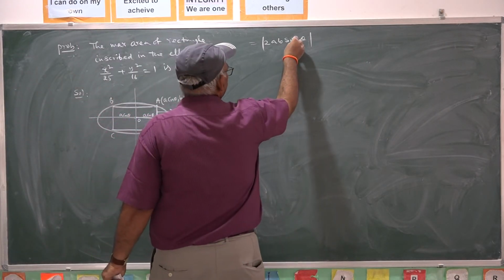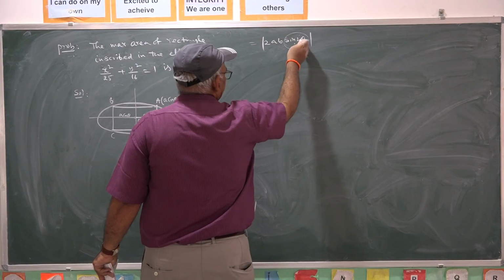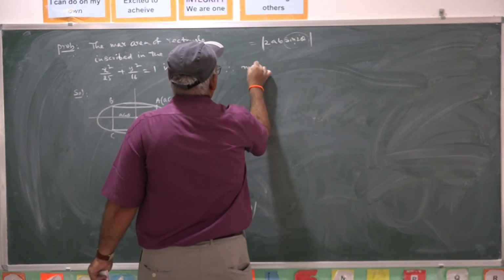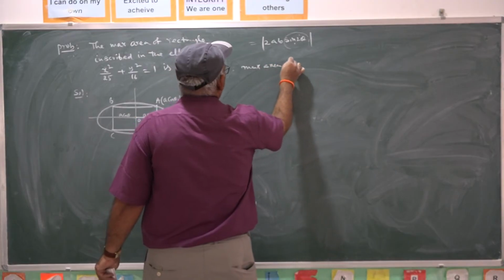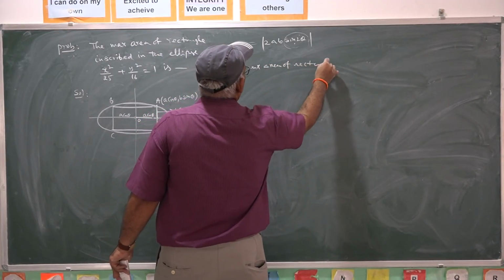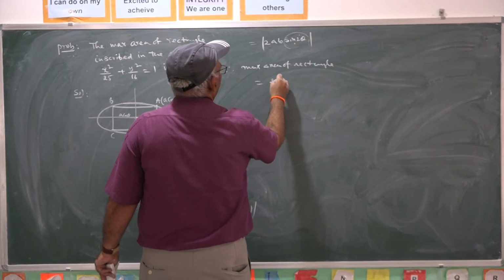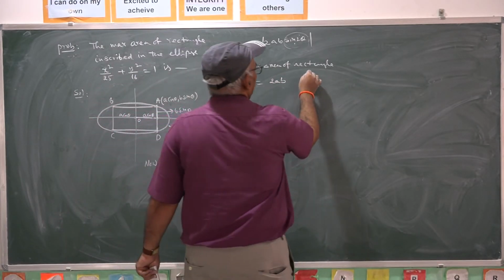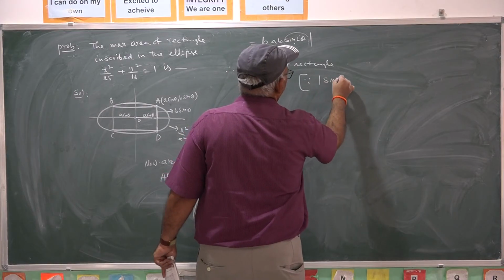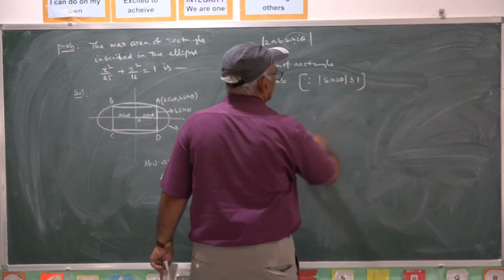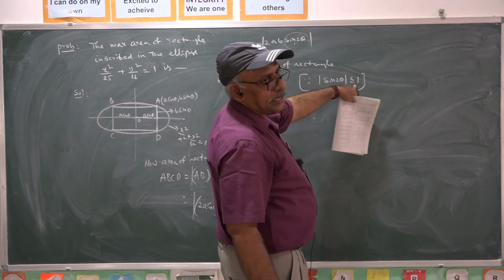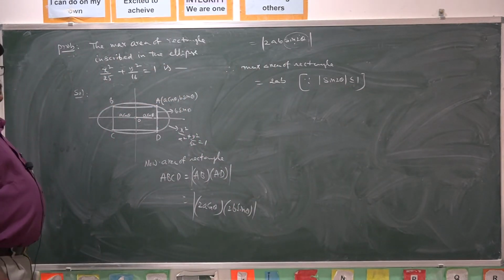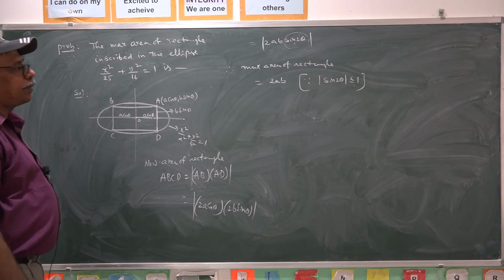Therefore, once this one takes its maximum value, the area is maximum. So the maximum area of the rectangle is 2ab itself, since modulus of sin 2 theta is less than or equal to 1, the maximum value of sin 2 theta is 1. Hence, the maximum area of the rectangle is 2ab.